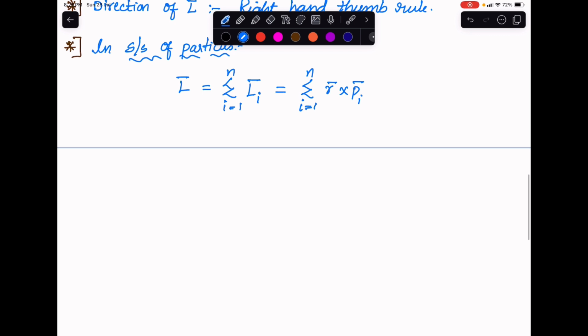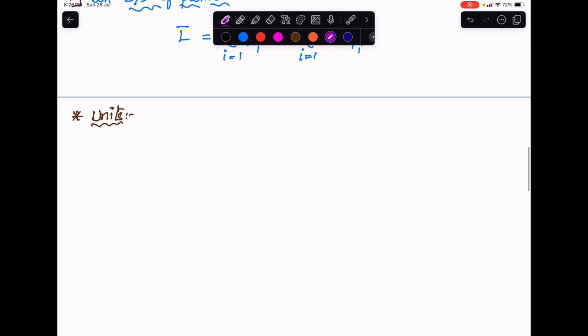And as usual, we already have a habit of writing units for every physical quantity. So let us also write the units for this physical quantity. Angular momentum is given in the CGS system as gram centimeter square per second. This can also be written as gram centimeter square second inverse.